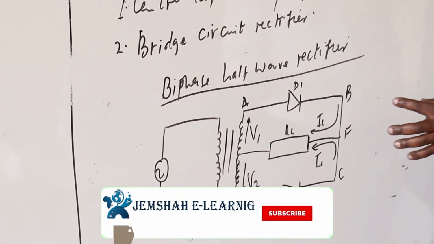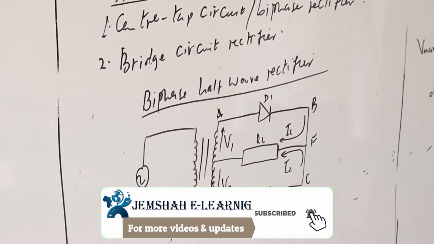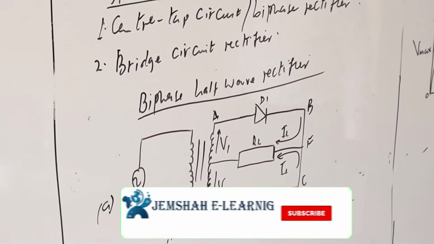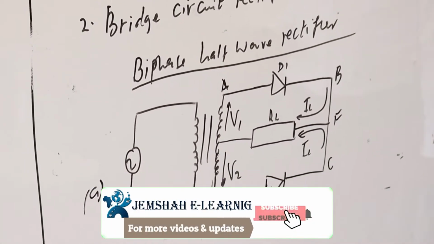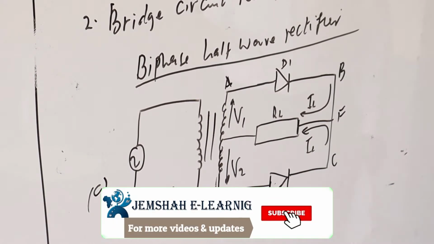Then we have two diodes. So what happens here is very simple. You find that current will be flowing through the load for both the cycles of our input here.